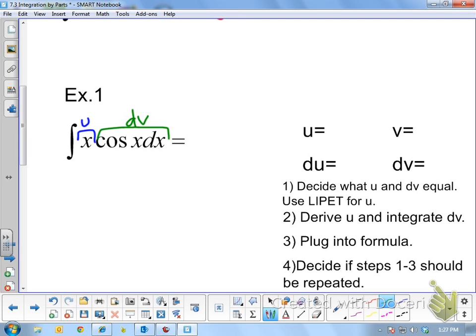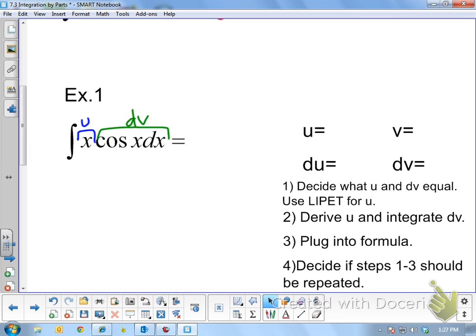It's kind of like product rule or chain rule where you're just identifying two different pieces. You're going to do some calculus to each different piece. With product and quotient rule, it was taking the derivative every time. This time it's a mixture. We're going to be taking the derivative of some of it and integrating some of it.